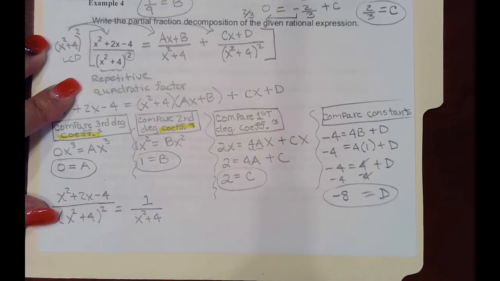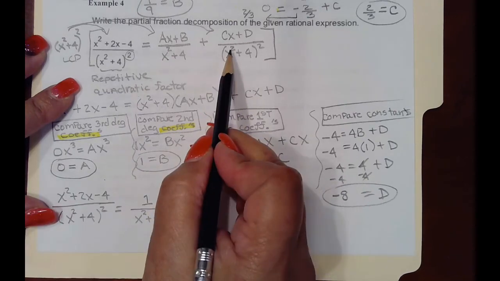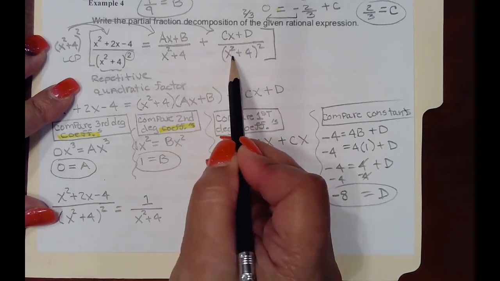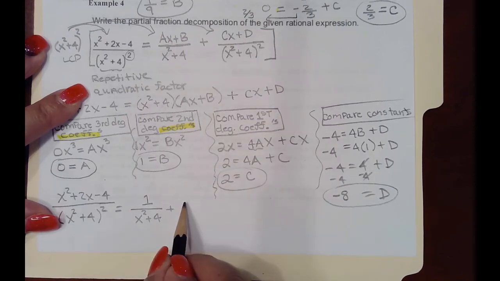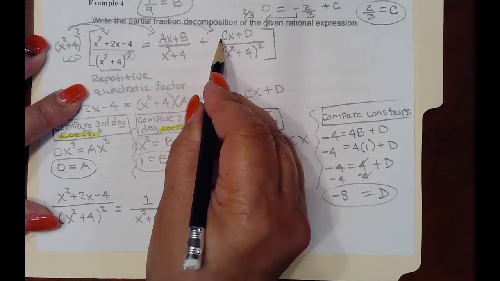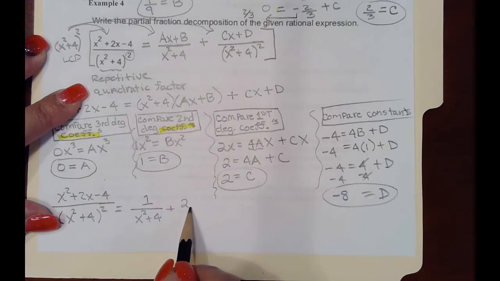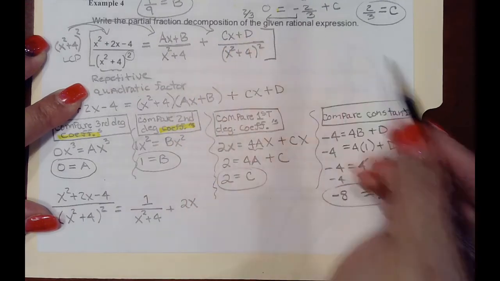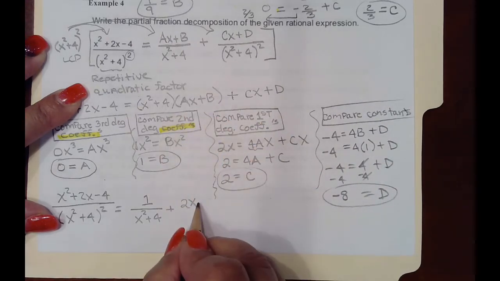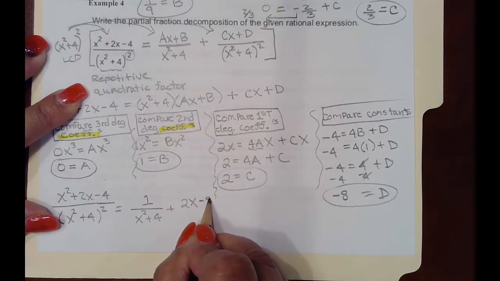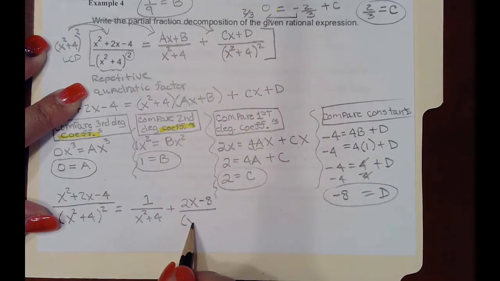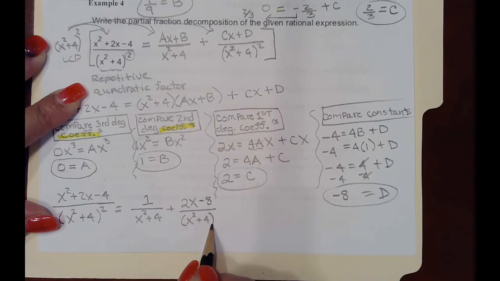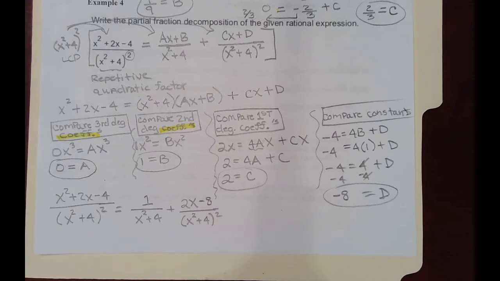So that would be the first fraction. And then the next fraction would be cx plus d over x squared plus 4 raised to a power of 2. Okay, c was 2, so it would be 2x plus d. D turned out to be negative 8. And that is assigned to this denominator, x squared plus 4 raised to a power of 2.